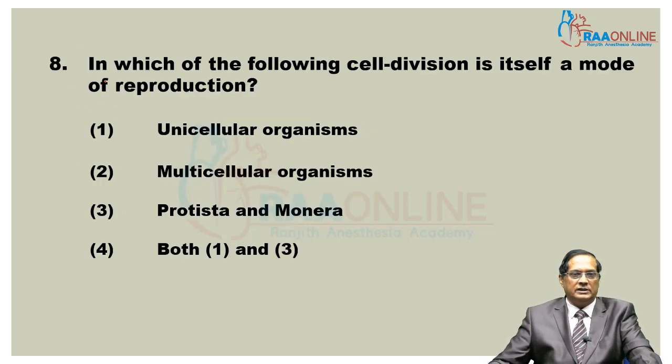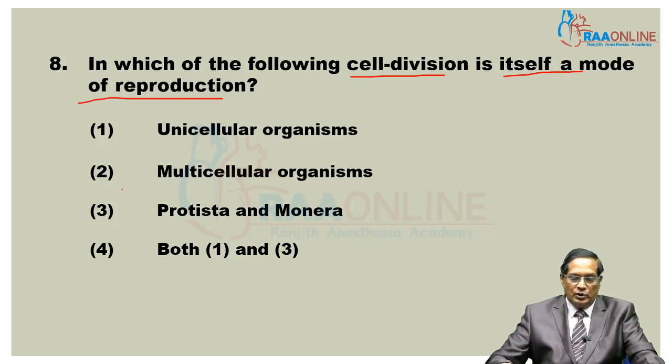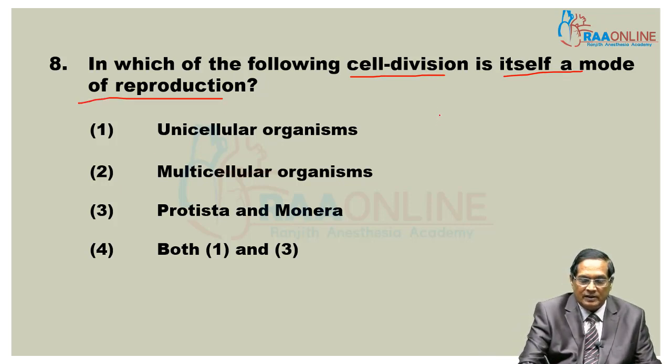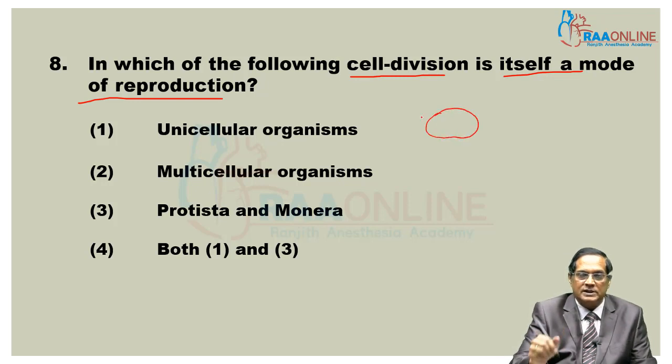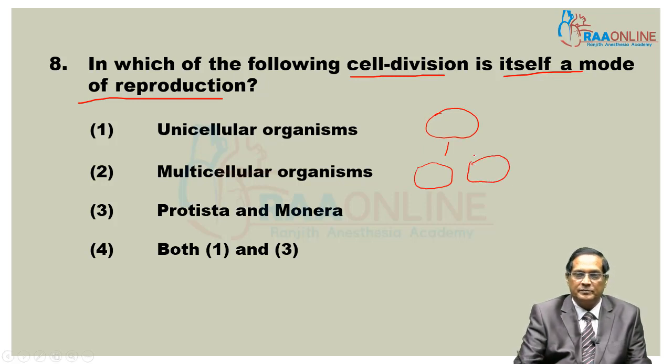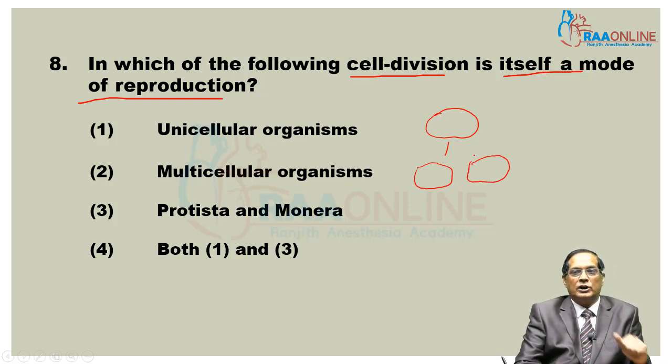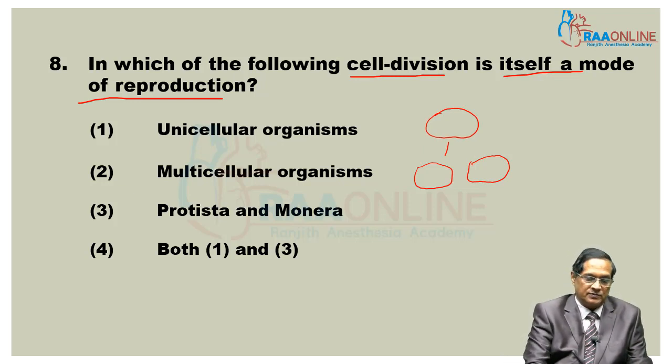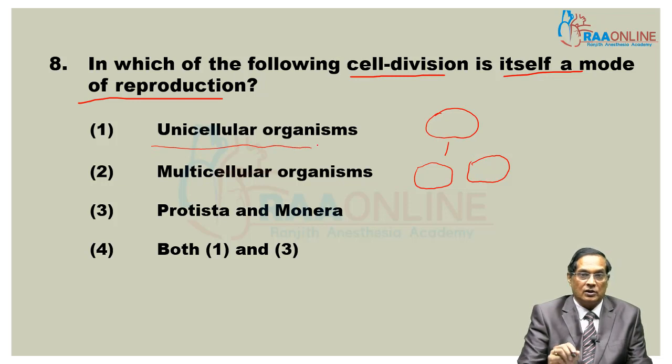Question number 8. In which of the following is cell division itself the mode of reproduction? Unicelled organism, that is, body is made up of a single cell. If this cell divides, then 2 cells are obtained. So this cell division is the mode of reproduction for unicellular organisms.